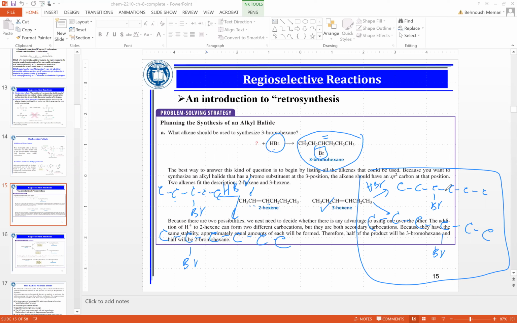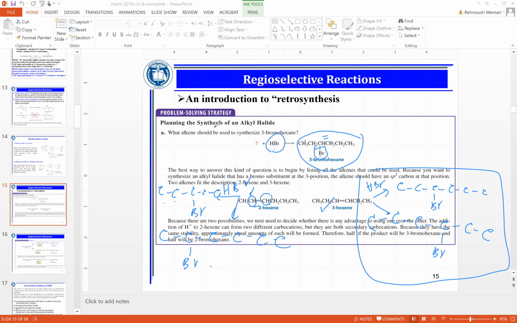Okay? Now, if you have this, which one is going to be the major product, which one would be the minor product? You're going to have a mixture of the two, because for both of them there is no discrimination. You have a CH and CH. There's no major or minor. So you would have a mixture of the products. Now, which one would be slightly more?